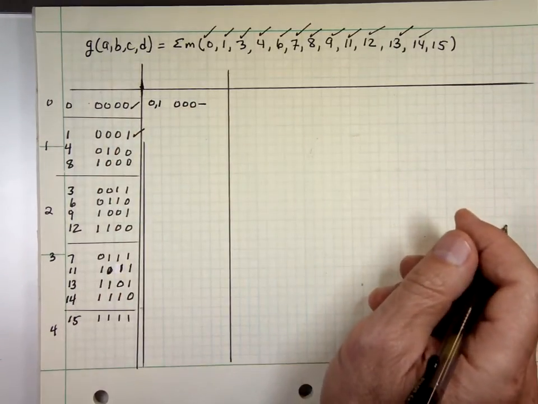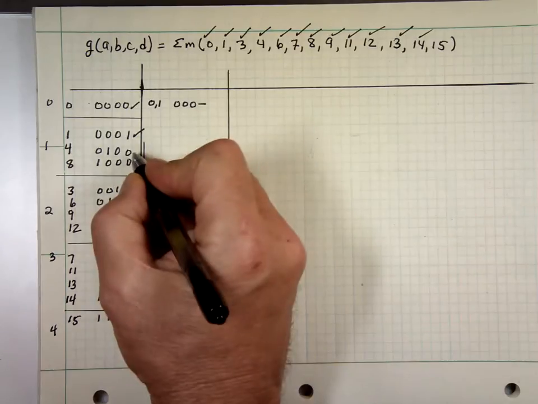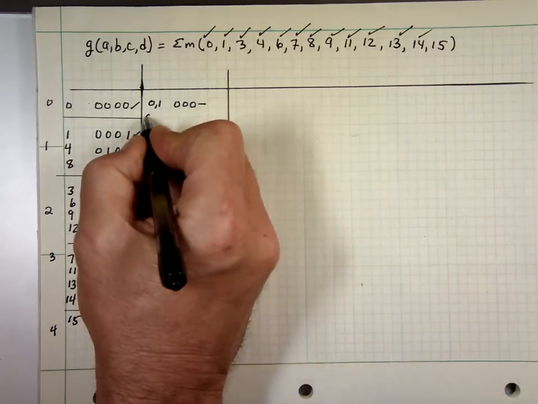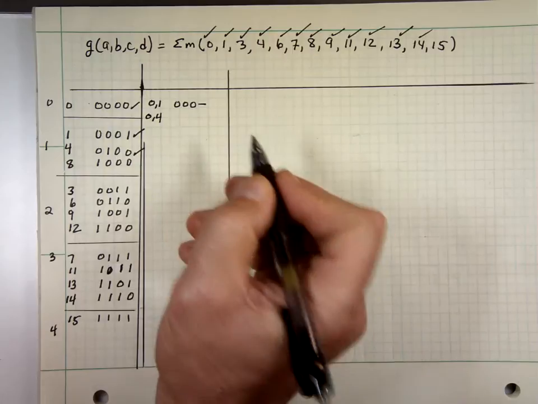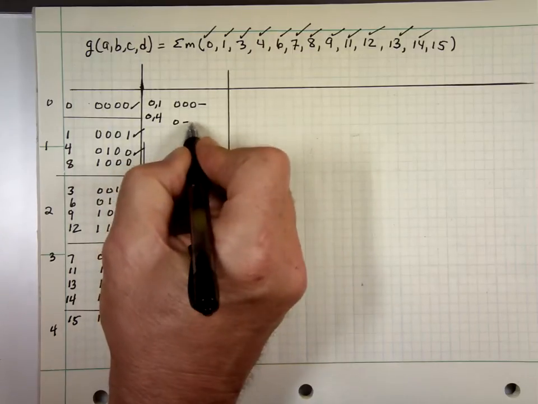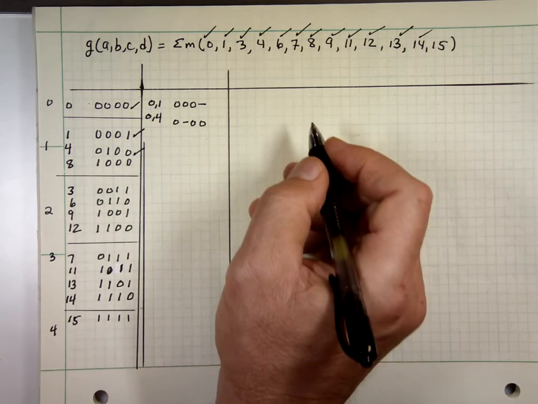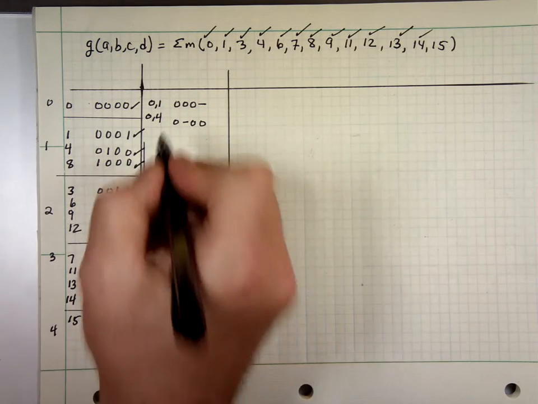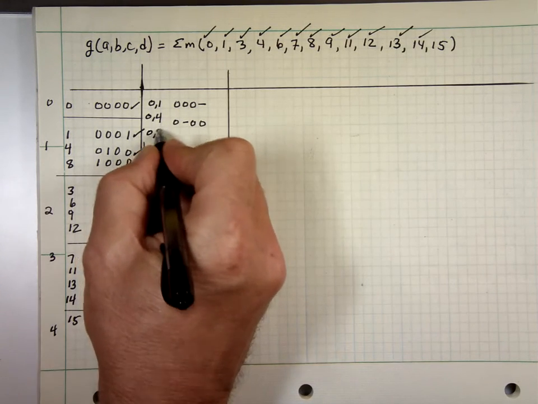How about the 0 and 4? 0 dash 0, 0. How about the 0 and 8? Dash 0, 0, 0.